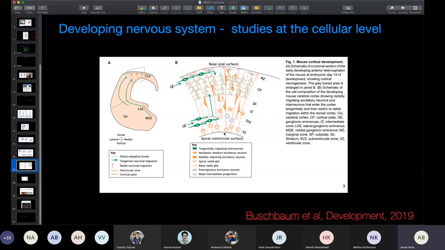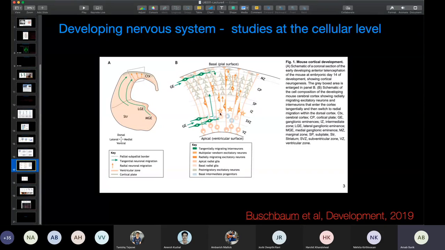You can see the neurons that are born and migrate from every region, and they migrate from top to bottom and settle down in different layers. So the cortex is divided into different layers, and they are innervating different areas of the brain. One question is how these neurons go to their destiny, where they have to end up.